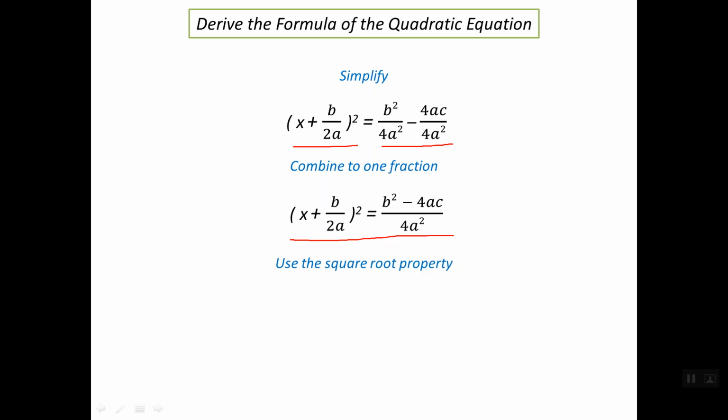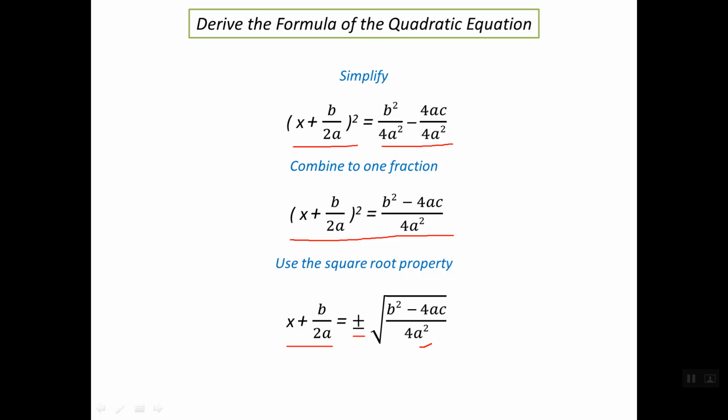Now we can use the square root property. So take the square root of both sides of this equation. For the left side, what remains is x plus b over 2a, and for the right side, we have plus or minus the square root of b squared minus 4ac, all over 4a squared.